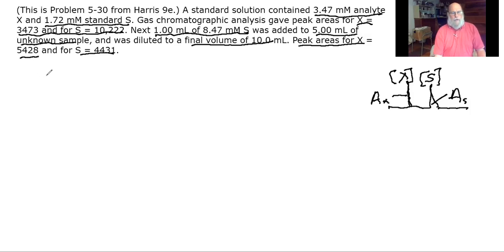And once again, you have a standard material that is similar to, but not the sample itself, not the analyte itself.